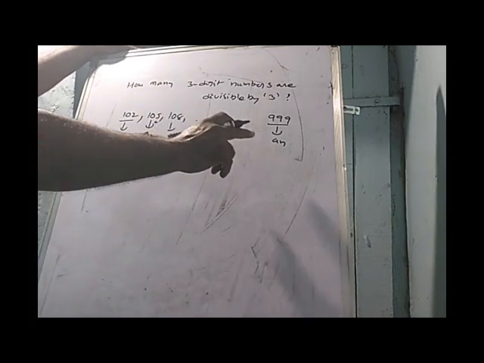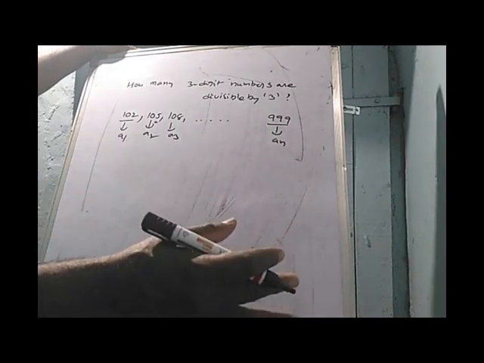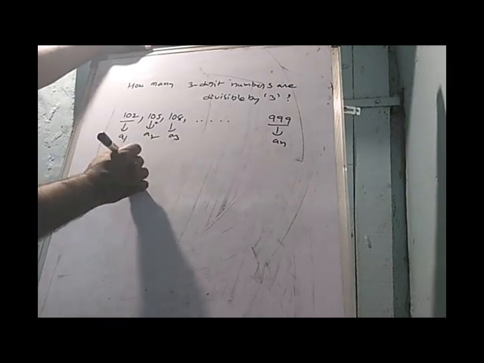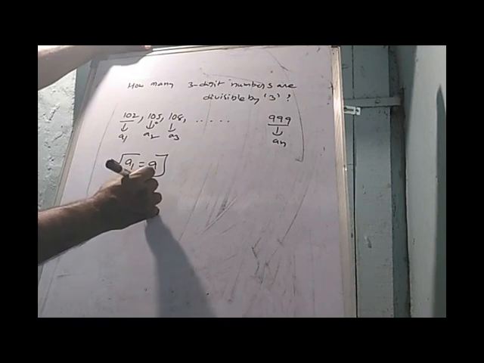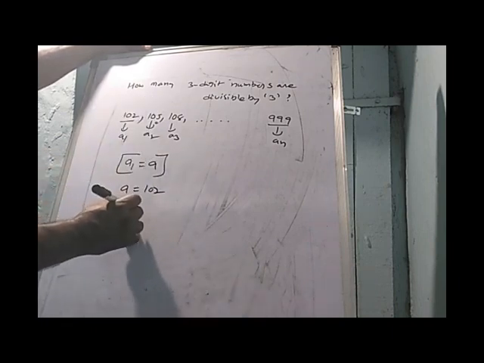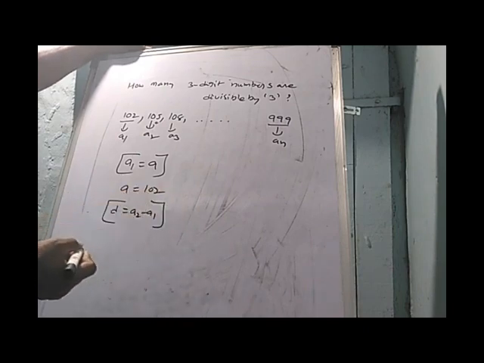When you know the first number and last number, we can write the nth term formula. Here A equals 102, and D equals A2 minus A1, otherwise A3 minus A2, otherwise A4 minus A3.